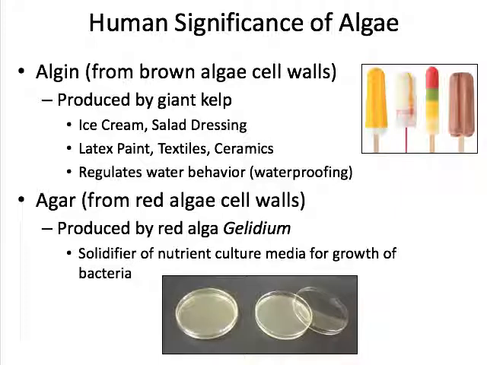The last one is agar, and agar is harvested from red algae cell walls, particularly from the genus of algae called Gelidium. We get this gel from this species, which is a solidifier of nutrient culture media for the growth of bacteria in the microbiology and cell biology labs.